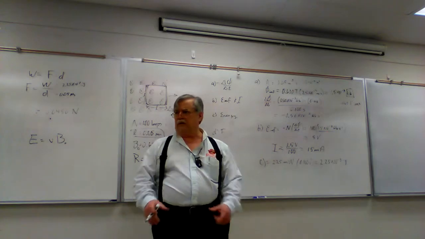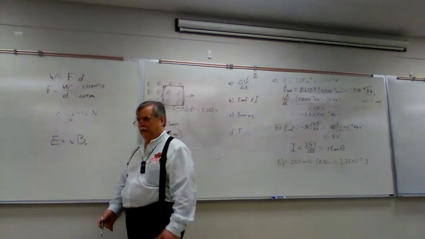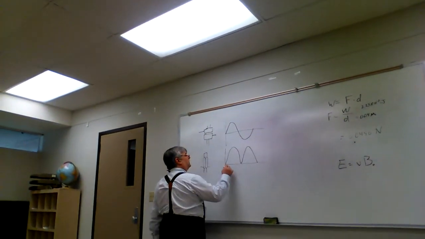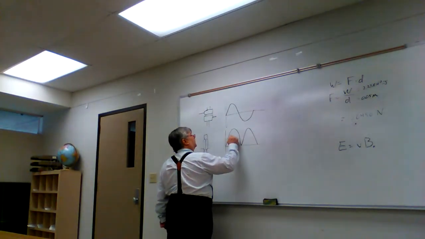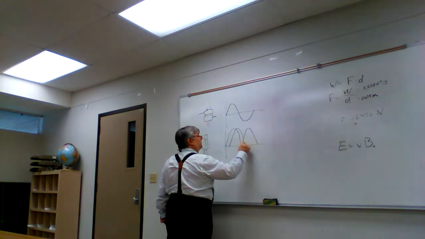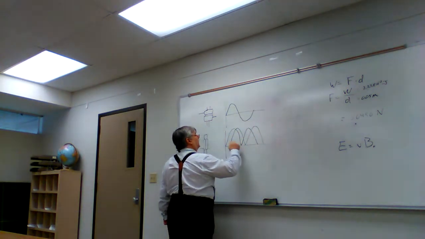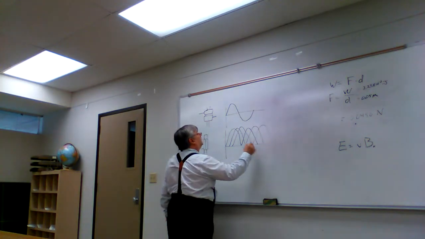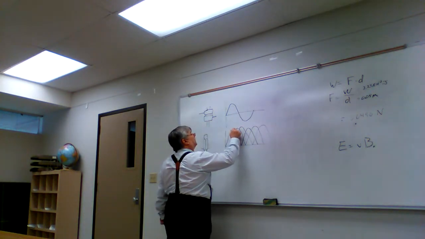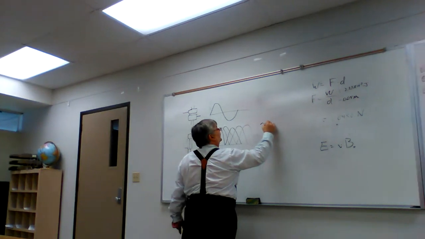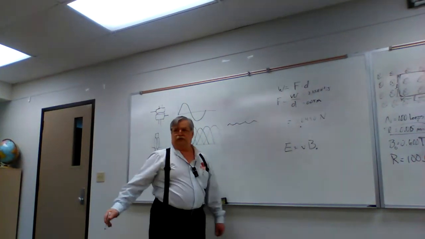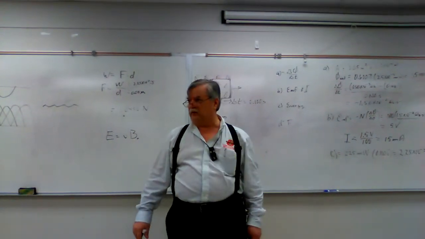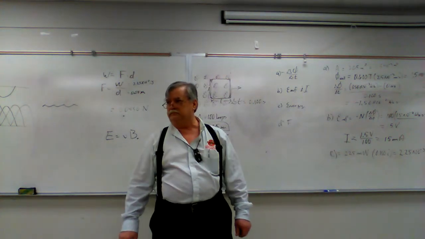DC generators tend to have multiple coils, so that while this coil is producing this current, the next coil is producing this current, and the next coil is producing this current. So the net current ends up looking more like this, which I think y'all will find in your other electronics courses, they're going to call that the ripple.